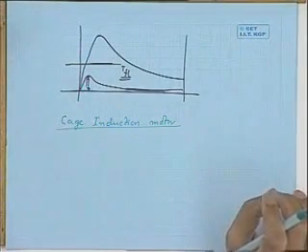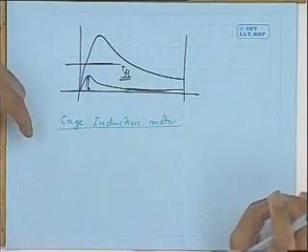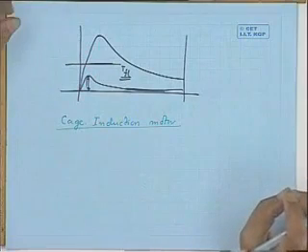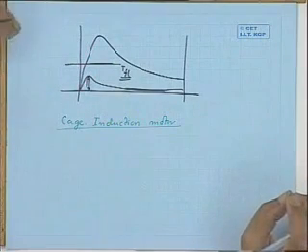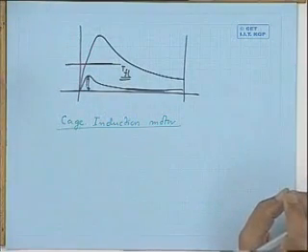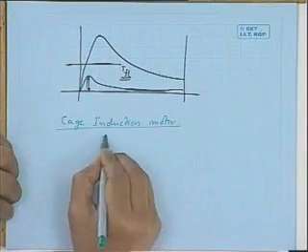Now, it is the constructional difference in the rotor which makes two kinds of machine. One is slip ring, another is cage. As I told you, in a slip ring induction motor, the stator houses a balanced three-phase winding, and the rotor houses a similar balanced three-phase winding in the rotor slots.